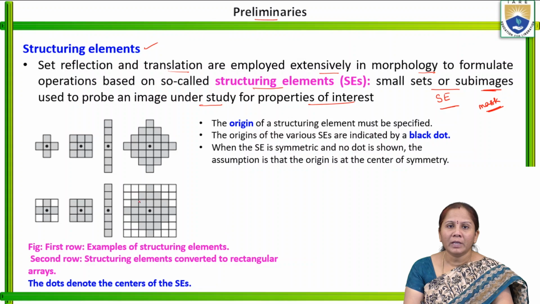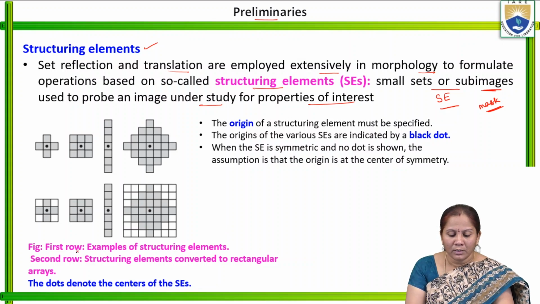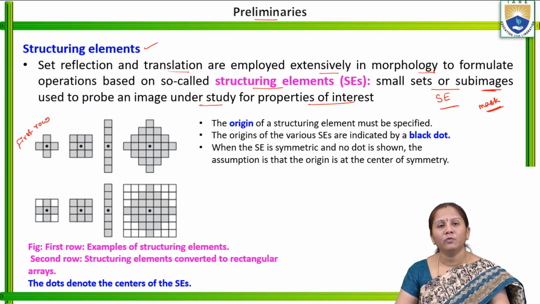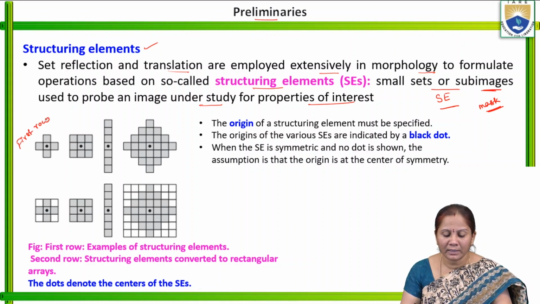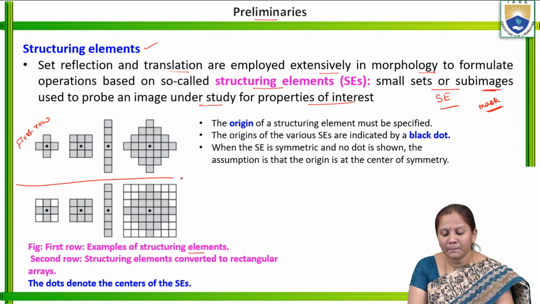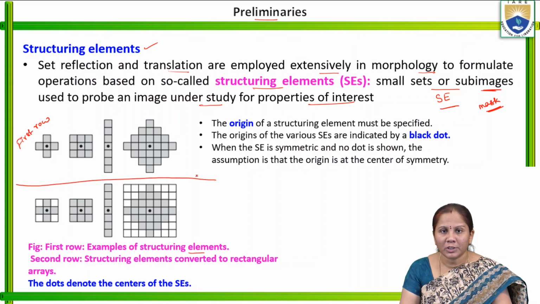Here we can observe the figure. This is the first row. Seeing this first row, what we can understand is that the first row represents the structuring elements. Here the structuring element will not have any fixed shape.